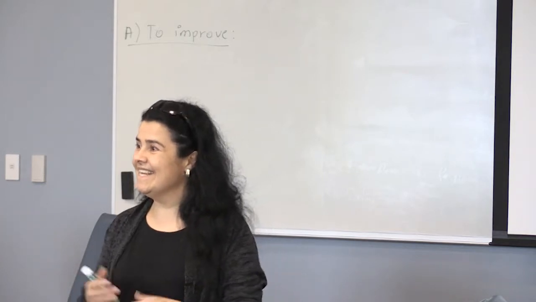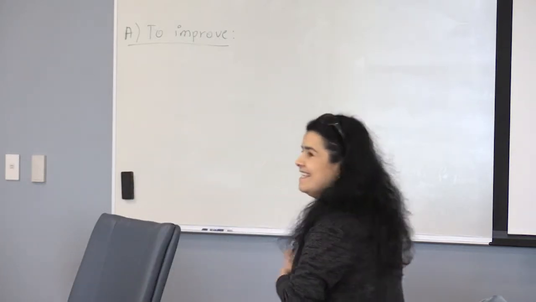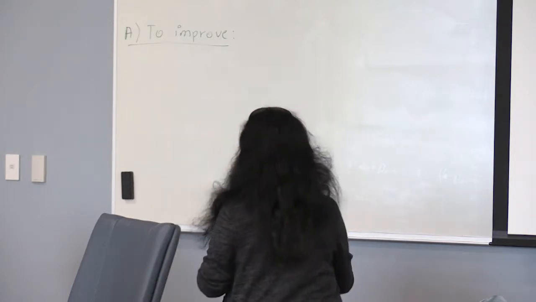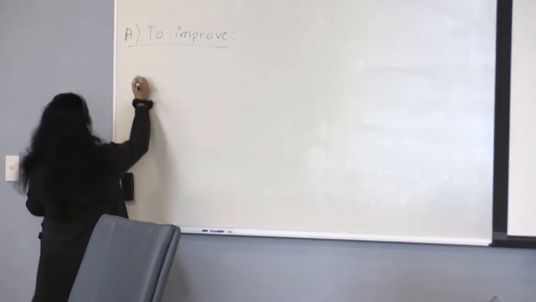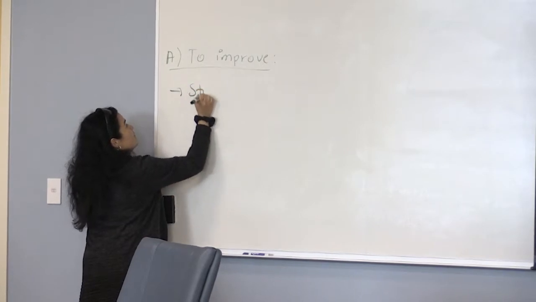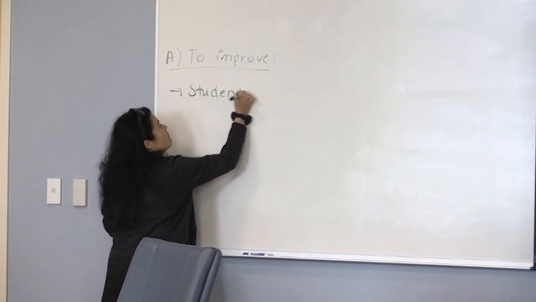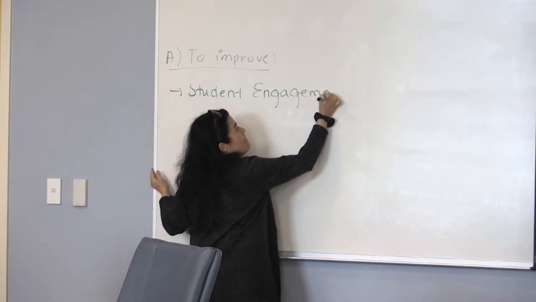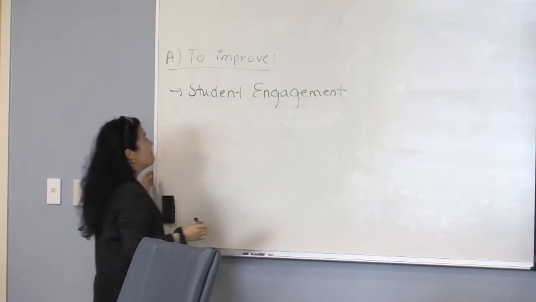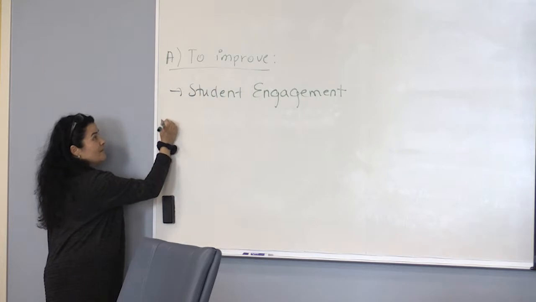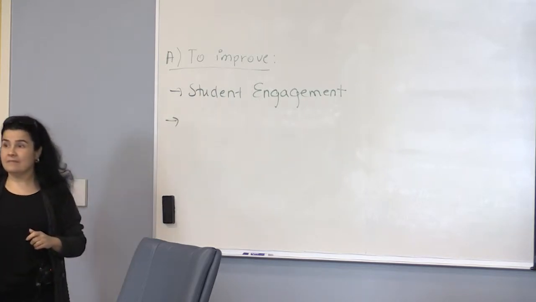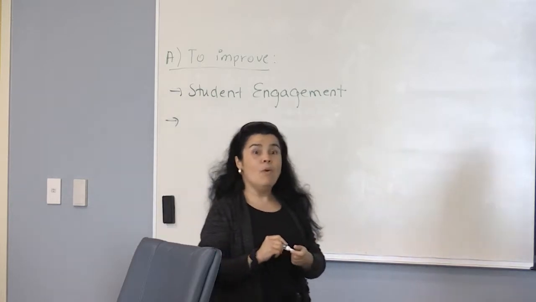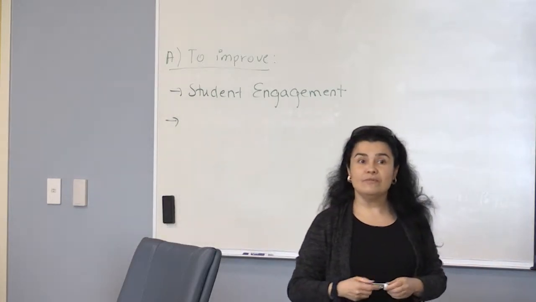Okay, so basically we're talking about improving student engagement. And just because I work in an online program, do you mean in a face-to-face classroom, or do you mean in an online? Just curious, or just overall? Overall. Okay. What else do you feel needs to be improved?